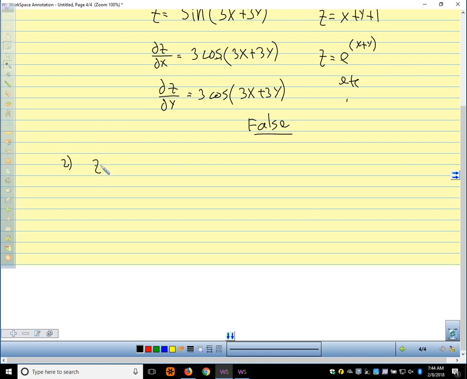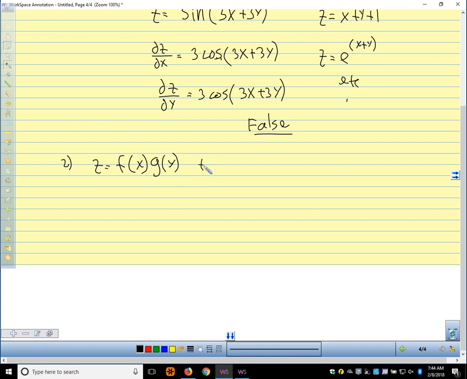z equals f of x times g of y. So this multivariable function is some function of x times some function of y. So, I don't know, sine of x times cosine of y, something like that.